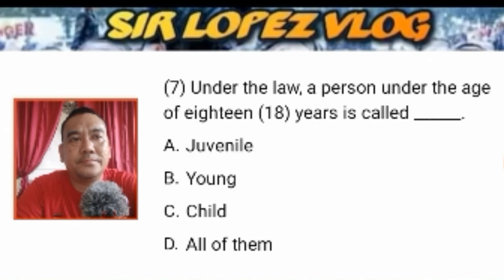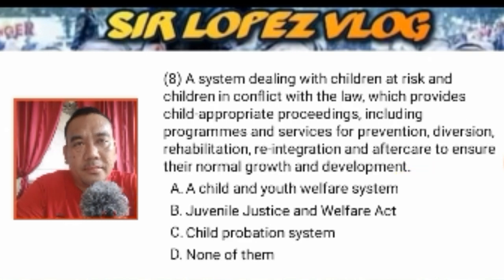Number 8. A system dealing with children at risk and children in conflict with the law, which provides child-appropriate proceedings, including programs and services for prevention, diversion, rehabilitation, reintegration, and aftercare to ensure their normal growth and development.